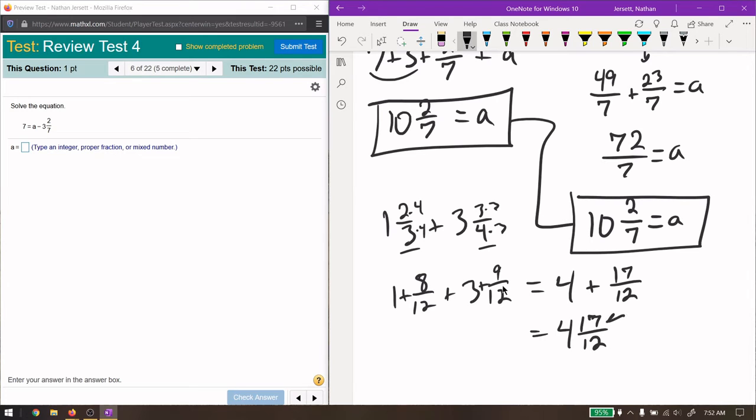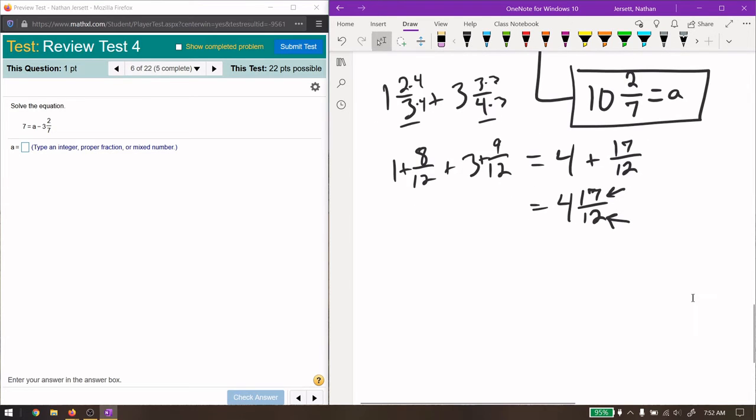However, the numerator here is larger than the denominator. That's an improper fraction, and so we can simplify that. 12 can go into 17 once, and there's 5 left over. And now we have 5 and 5/12. So this is your final answer.